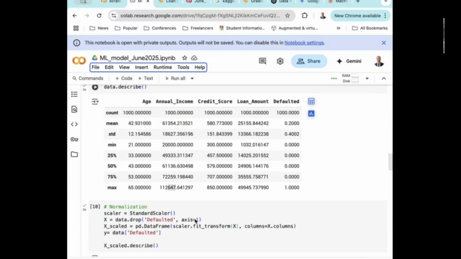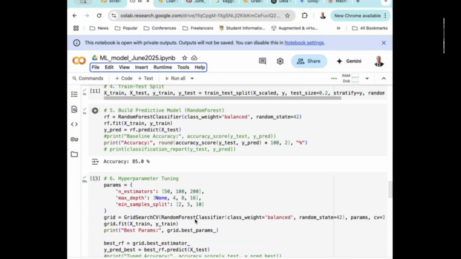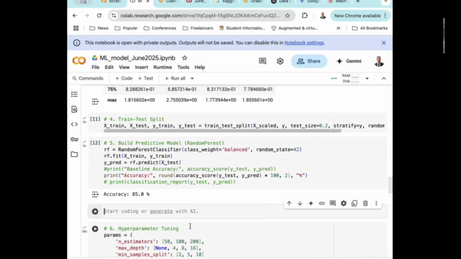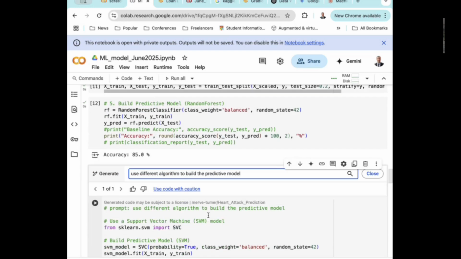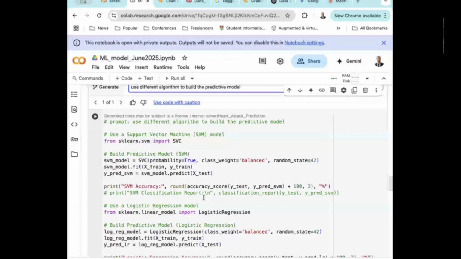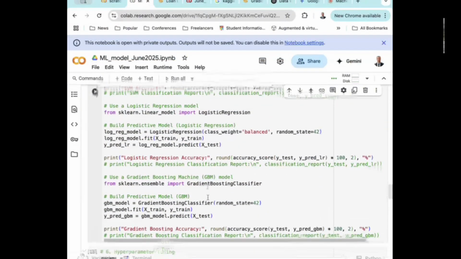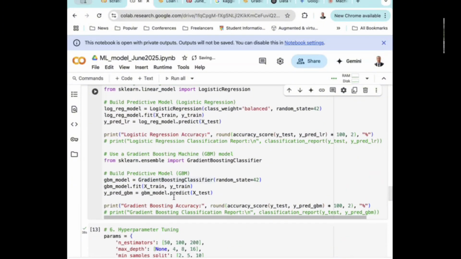All right, where is the random forest? Let's see other algorithms if they are going to be able to provide better accuracy. Okay, now only support vector machine, logistic regression, and gradient boosting machine. This is different. This is only 3. Okay, no worries. I'm going to run.